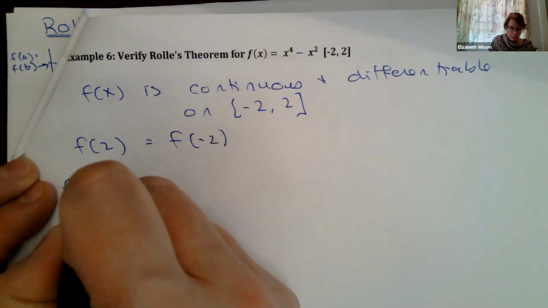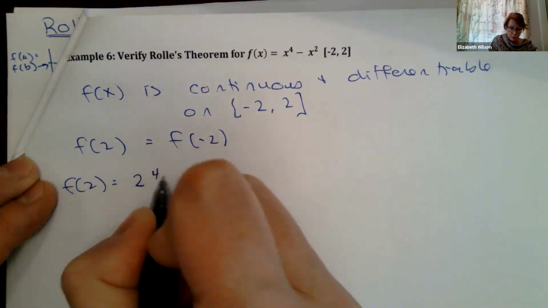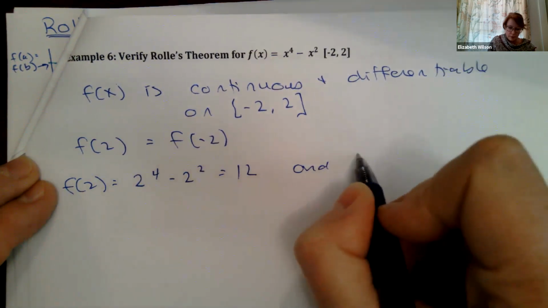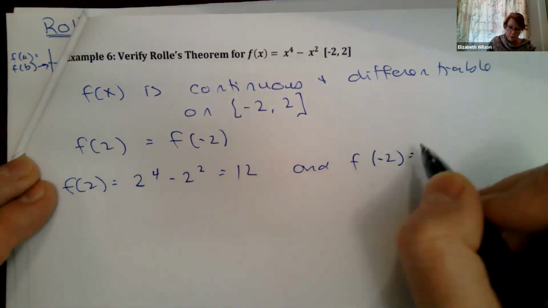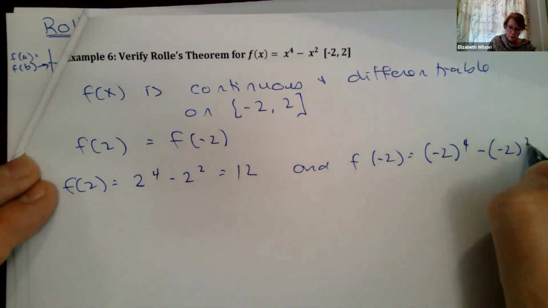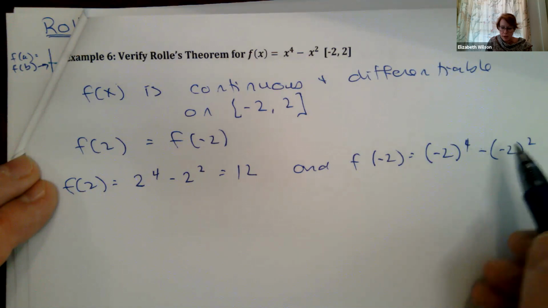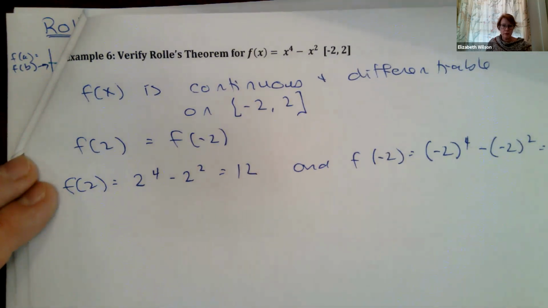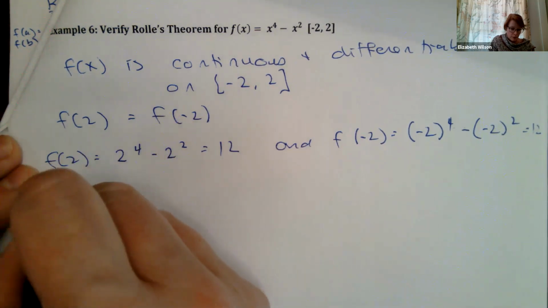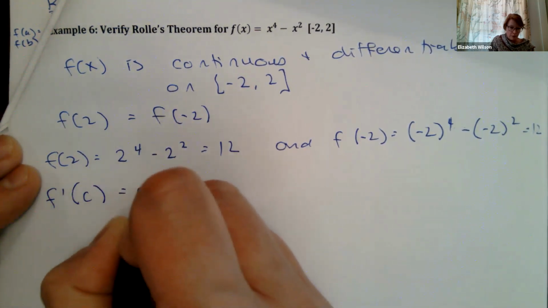So f of 2 equals 2 to the 4th minus 2 squared. And f of minus 2 equals minus 2 to the 4th minus minus 2 squared, right? So it's an even power on each side. You can see how it's going to be equal. Okay, so f prime of c equals 0.